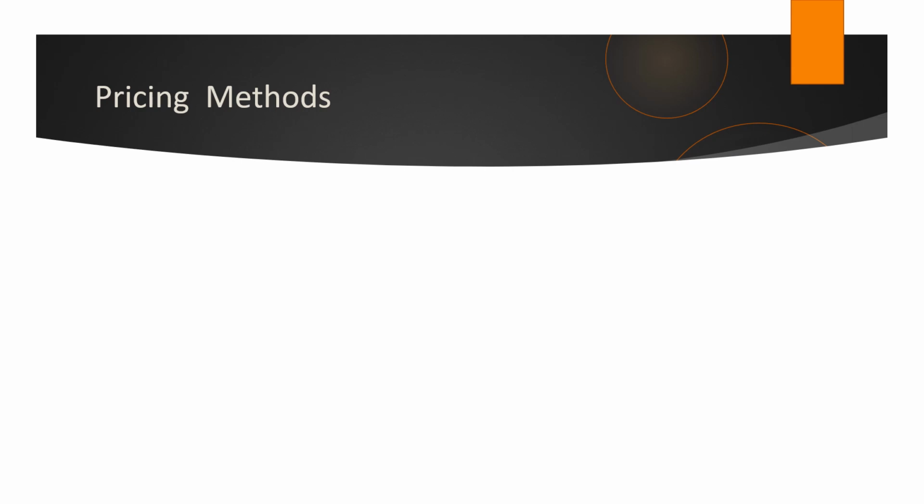According to the generally accepted accounting principles, there are three ways of pricing the stocks. First one is FIFO, which is first in, first out. The second one is LIFO, last in, first out. And the final one is the weighted average.